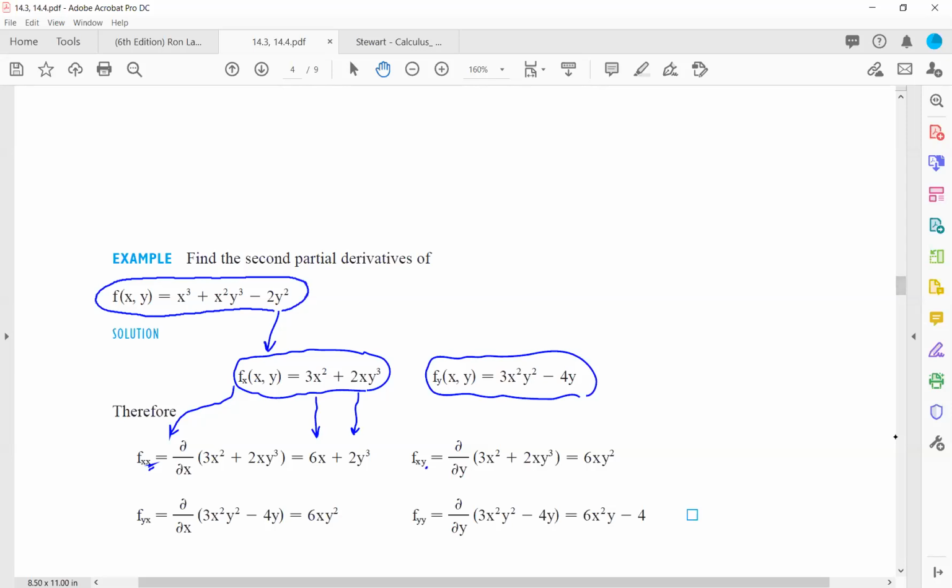So y is the outside variable. The inside variable is f of x. So you again use f of x.